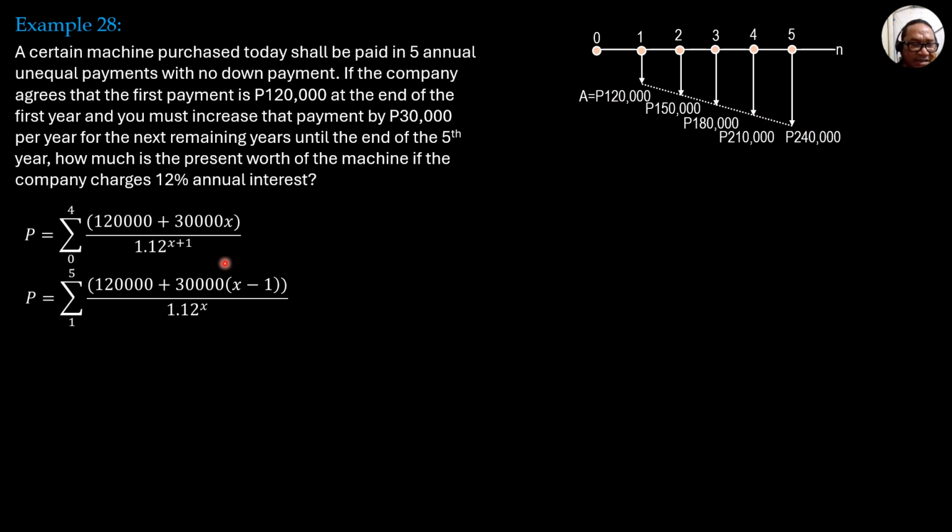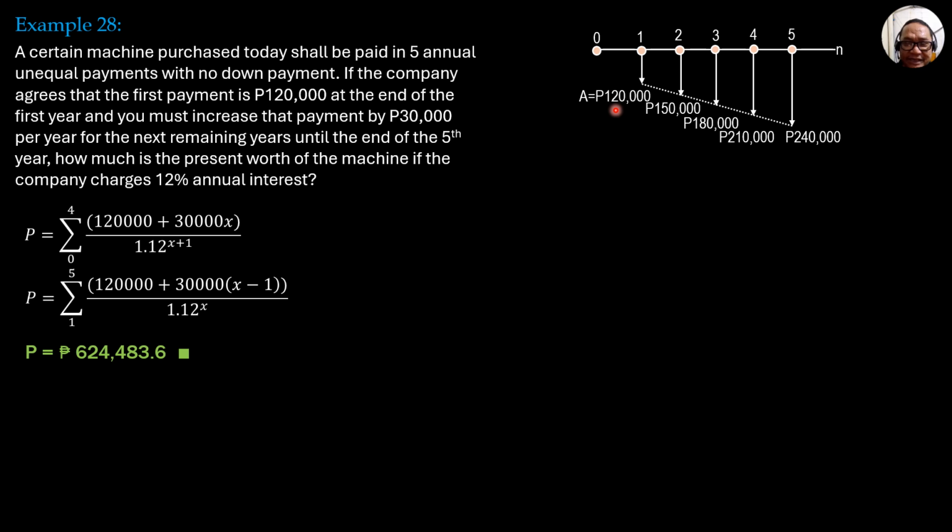Then let's check the last. 120,000, x is 5, so 5 minus 1, 4 times 30,000, so it's also 240,000. Then 1.12 raised to 5 is the same as when x is 4, 1.12 raised to 5. So calculating using your calculator either of these expressions, you'll get 624,483.6.